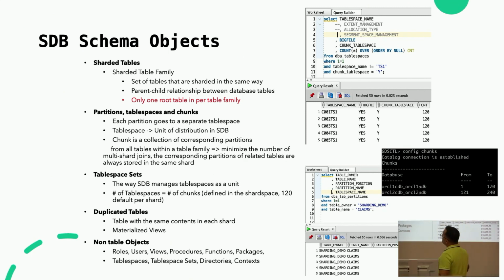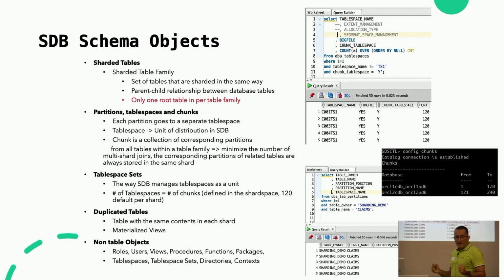We're going to see on the next slide that when we design our schema, we have to cascade this sharding key onto our children or make it part of the composite key if we want to use sharding. And very important, there can be only one root table per table family. We'll see later why this is the case.